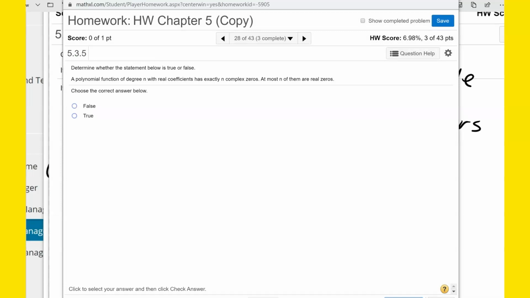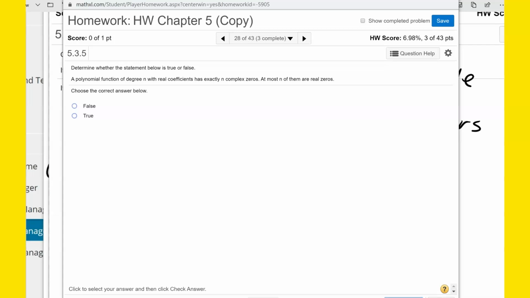A polynomial function of degree n with real coefficients has exactly n complex zeros. At most, n of them are real zeros. That is perfectly true. And I've alluded to this earlier in the video, that whatever the degree is, that is exactly how many total zeros you have. How many both real and imaginary zeros altogether, you'll have that many.